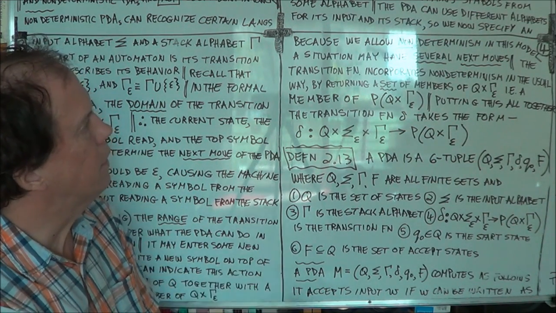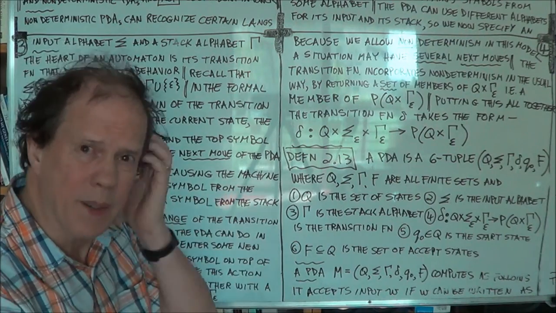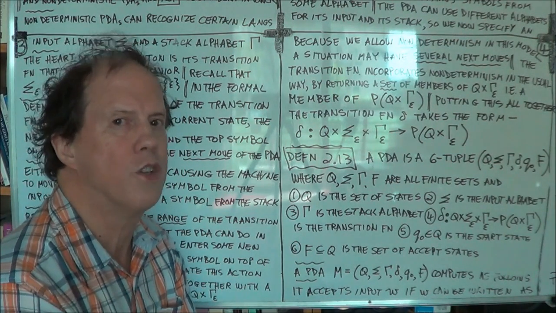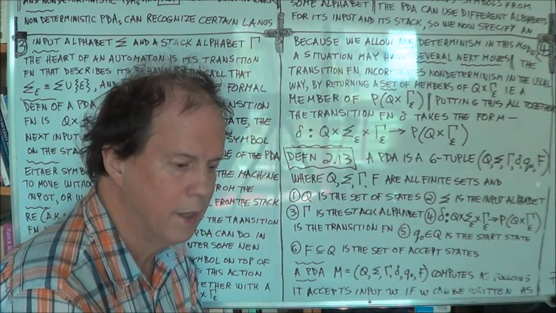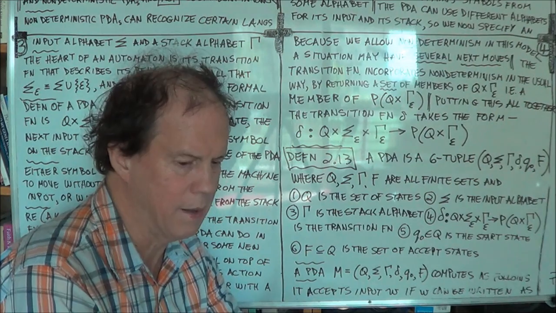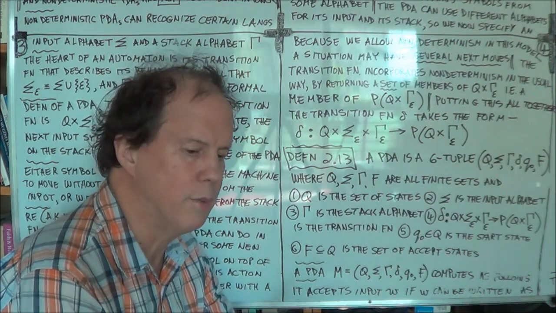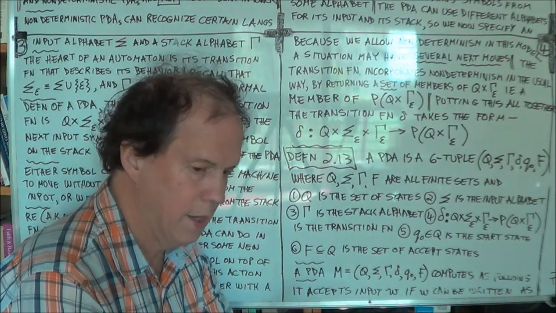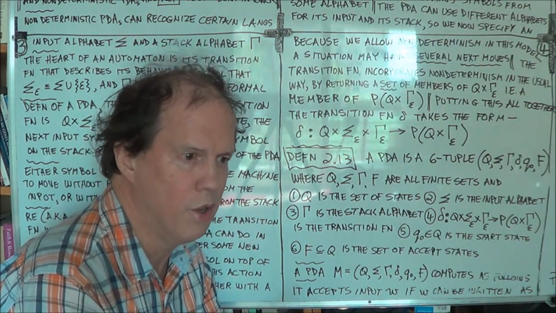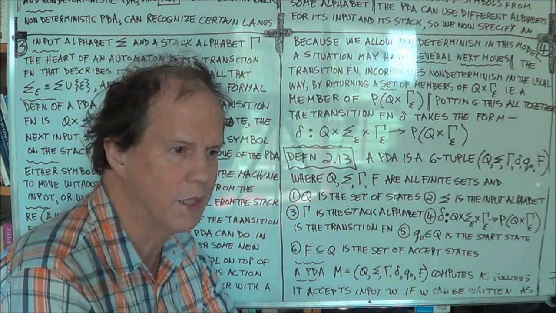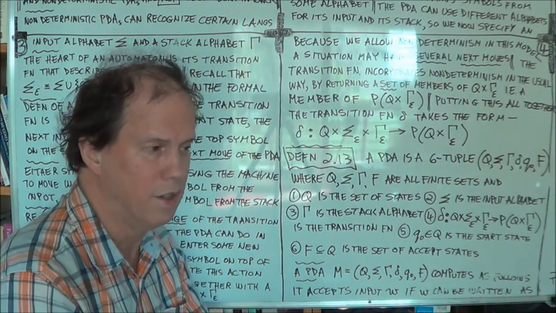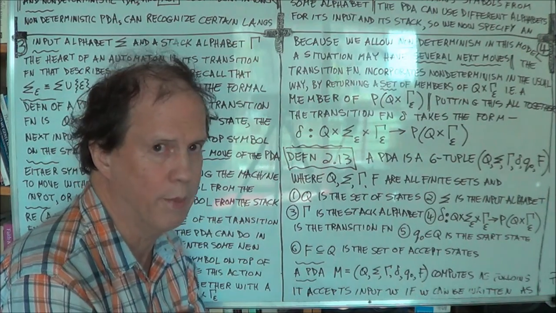Now you remember from the previous session that we'd be concentrating from now on non-deterministic PDAs, because there's a difference. Non-deterministic PDAs are more powerful than deterministic PDAs, and they're not equivalent, because the non-deterministic PDA is more powerful.